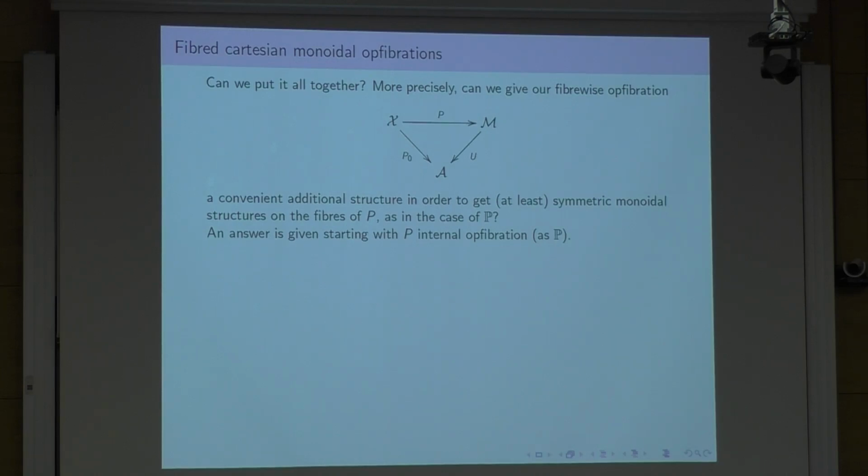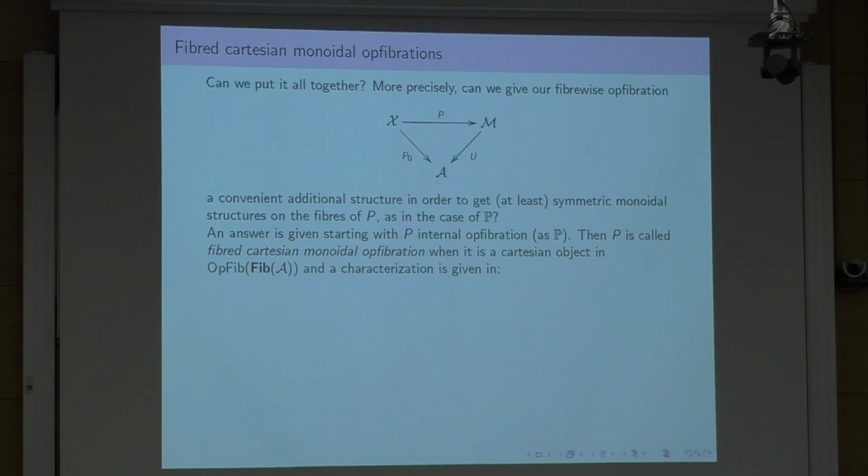Okay, a first answer can be given if you start not just with a fiber-wise opfibration, but with an internal opfibration, like the one of process extensions. Just to recall, this is the one with that condition C prime.